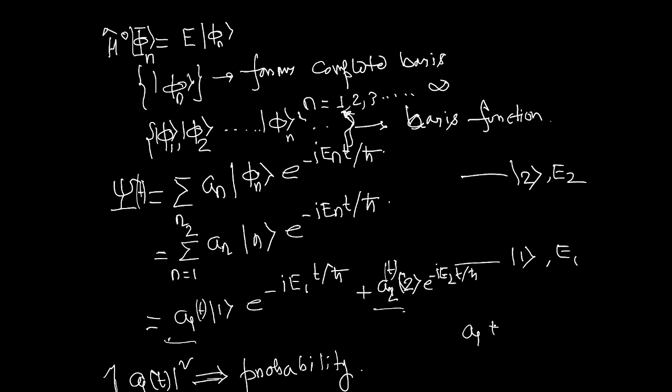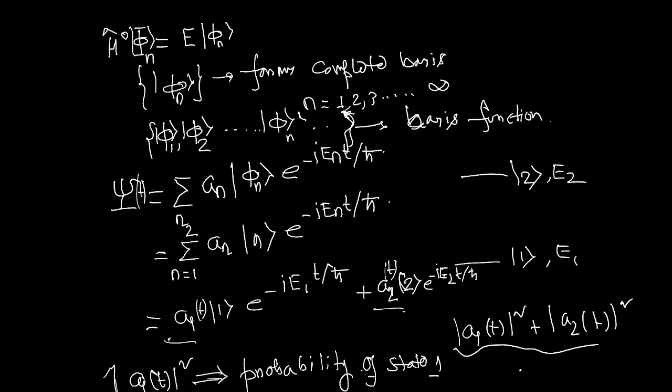a1t square plus a2t square, like this, is the total probability. So this is the probability of state 1, and this is the total probability.